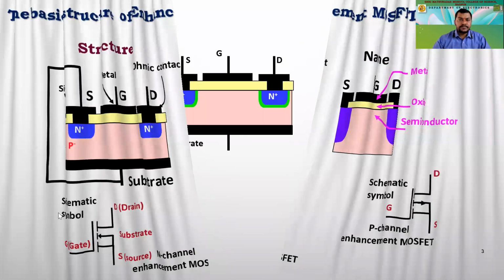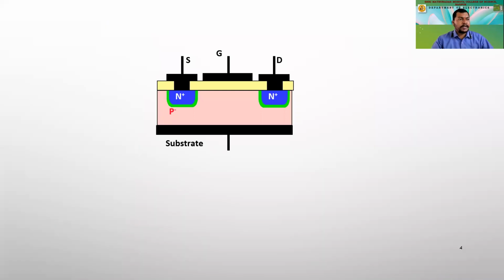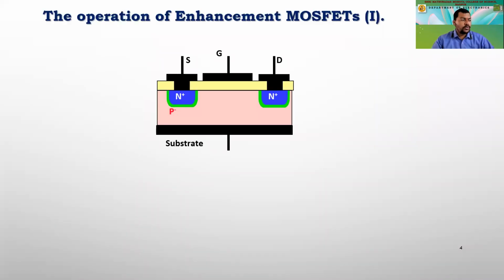Okay, so how is this going to work? That we are expecting to show you over here. So the operation of the enhancement MOSFET, that is part one. Now how this enhancement MOSFET is being connected: as we have studied in the field effect transistor, it is given a reverse bias so that the depletion layer increases.